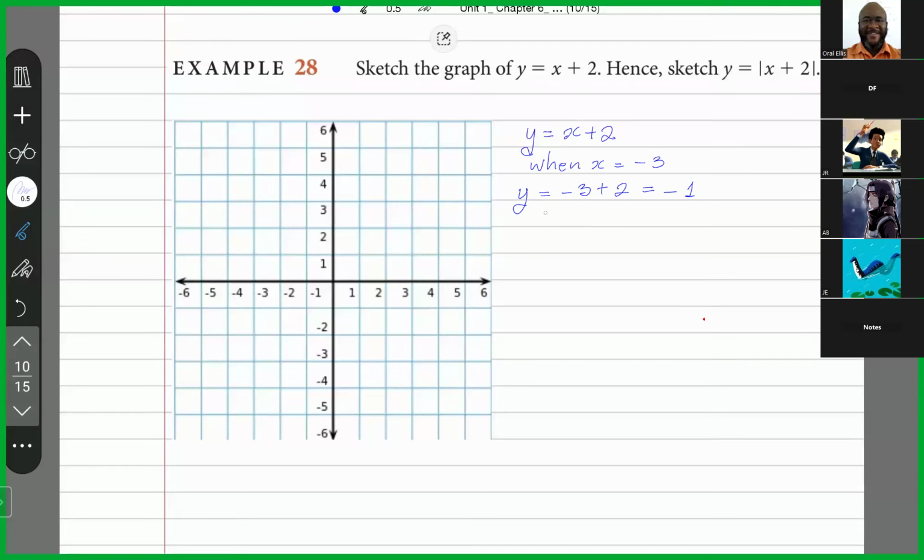So when x is equal to minus 3, y is equal to minus 1, and this is 1 point on the graph.